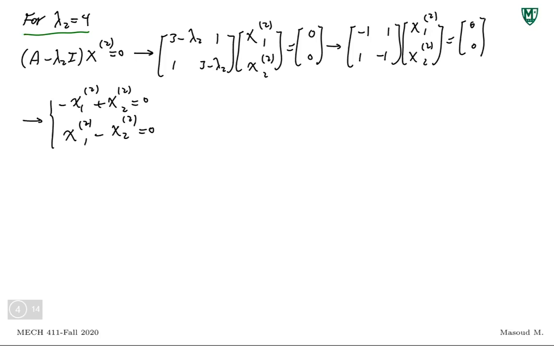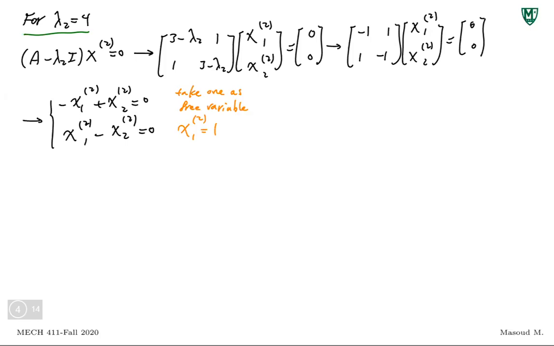But we do the same thing we did. Take one as the free variable, and I'll take this as 1, just to be consistent. It doesn't mean that because this is what we did for the first lambda, we have to do it for the second lambda. You're free to choose any number, but always try to go with 1.